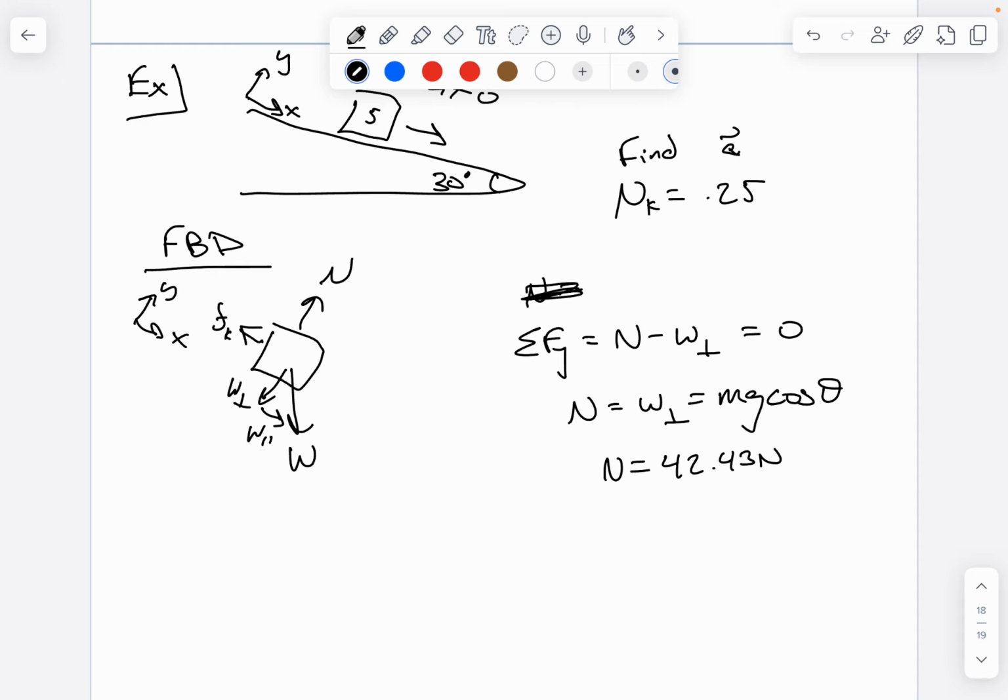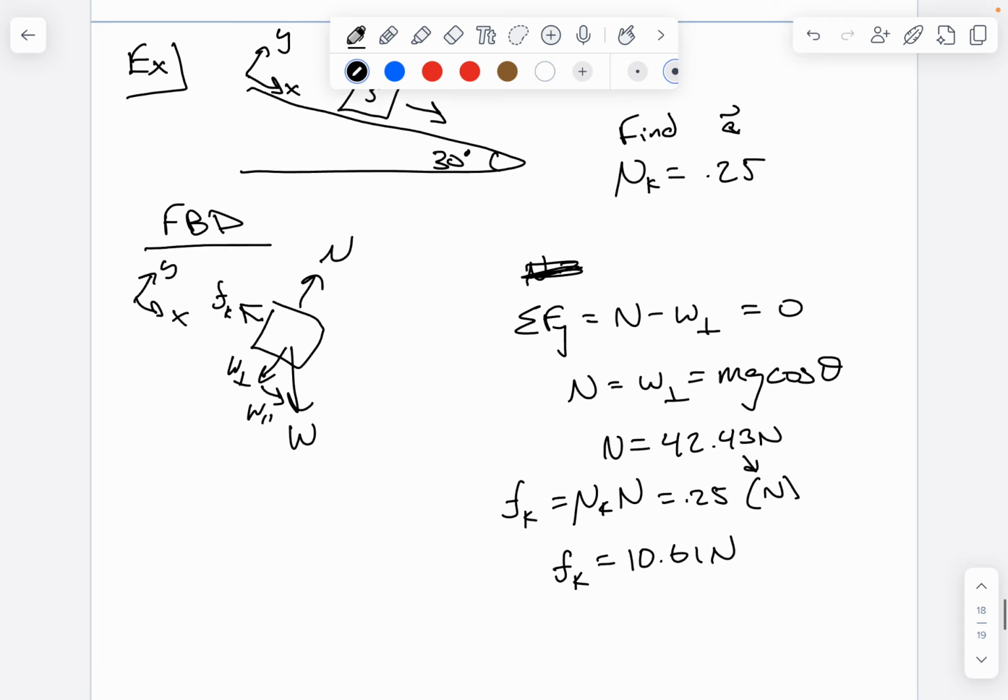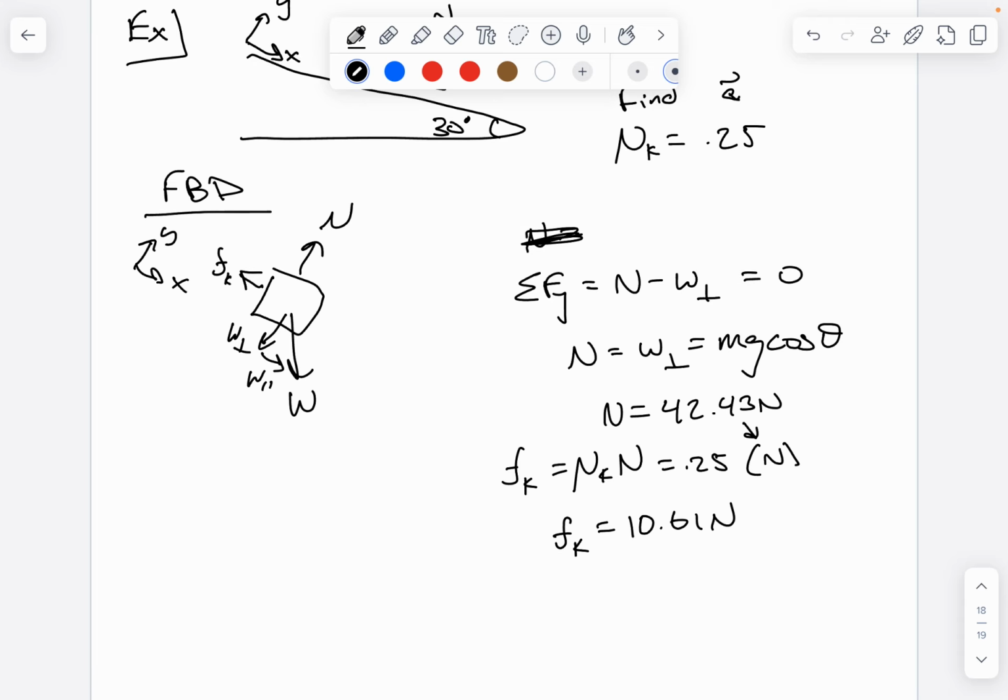All right, once we have normal force, we're going to plug it into our kinetic friction formula, which is just mu_k times N. Mu_k is 0.25 times N. We'll substitute that in, and we get kinetic friction is equal to 10.61 newtons. So we know how much the friction force is, but we need to find acceleration.